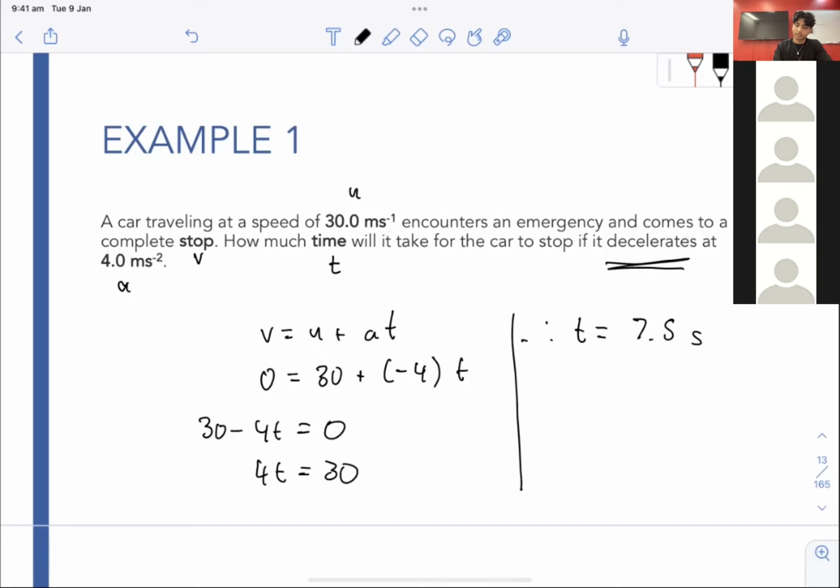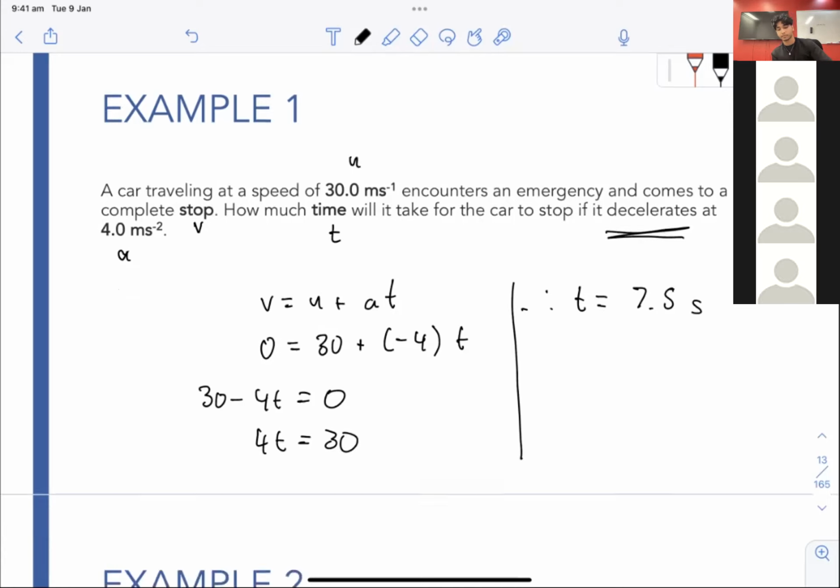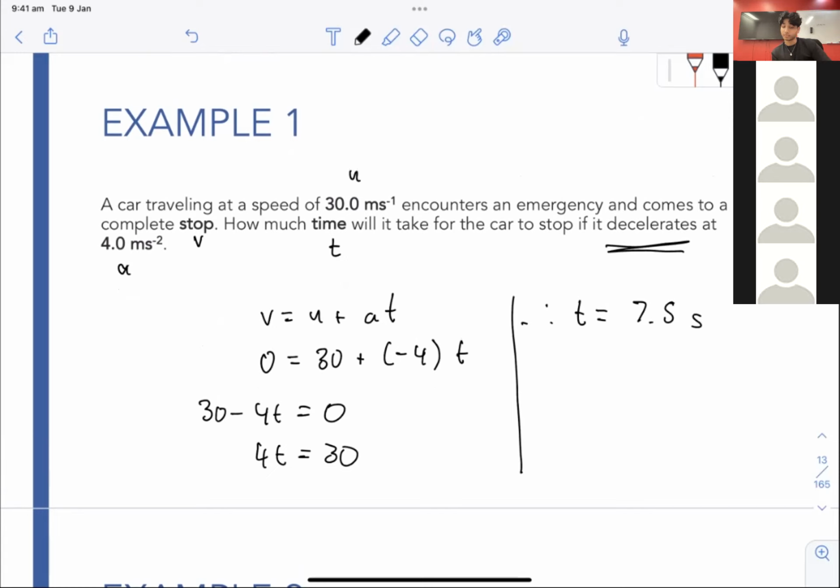Pretty straightforward, guys. To summarize, write out all the variables you're given first, then choose an equation, and then from there, you can work out what you need to. And this method is pretty much infallible. Even the hardest questions, as long as you know exactly what you have, you can figure out an approach.